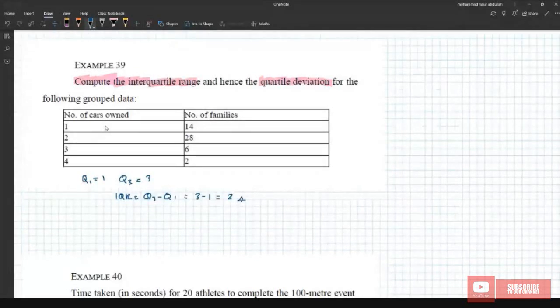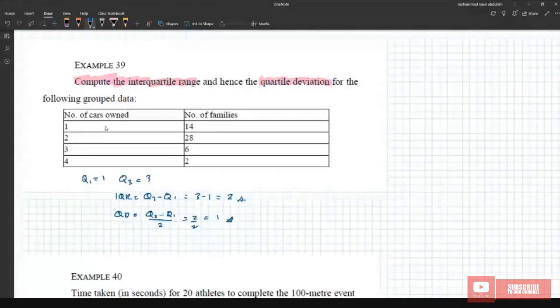The quartile deviation is also quartile number 3 minus quartile number 1 divided by 2. So 2 divided by 2 is equal to 1. Right? So make sure you calculate quartile number 1 and quartile number 3 on your own.